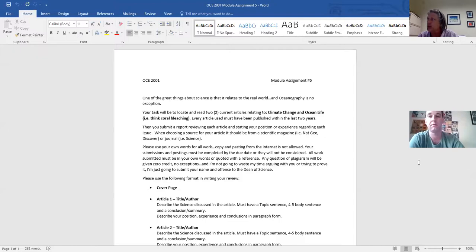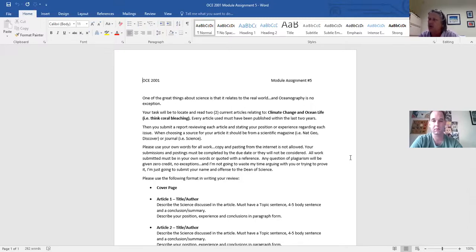So that's a little idea you can look at when you're looking at climate change and ocean life. Extension of tropical species, effects of the storms on ocean life, the increased hurricane activity, things along those lines.